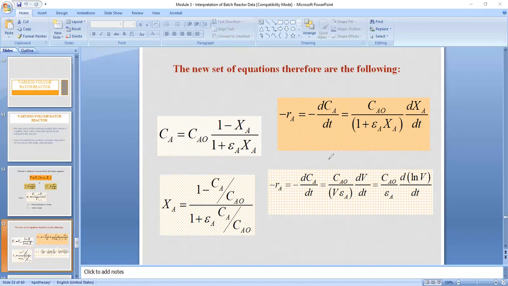You use this again if the problem gives you a pair of volume data, that is initial and final volume. But if the problem gives you changes in conversion, you use this.